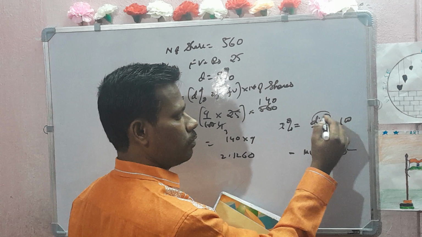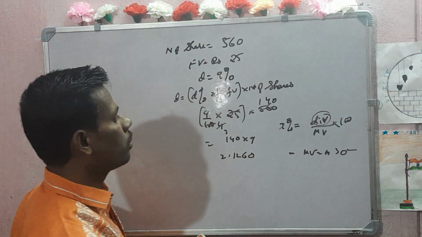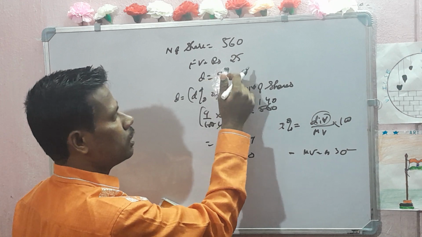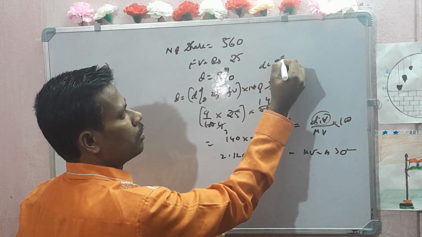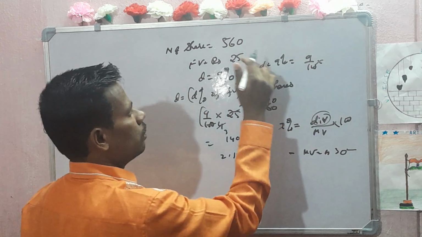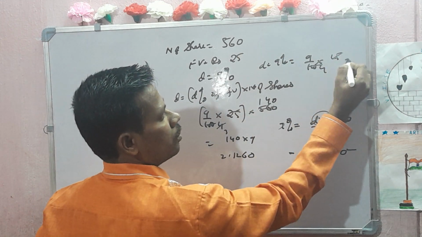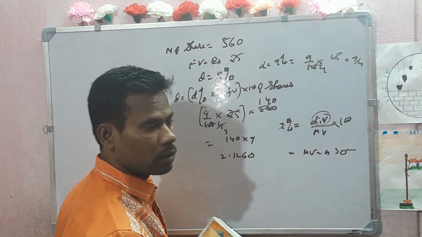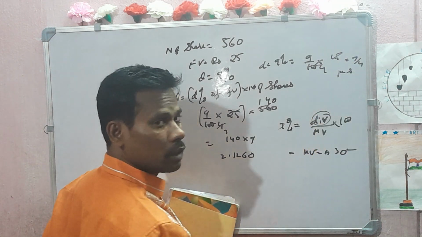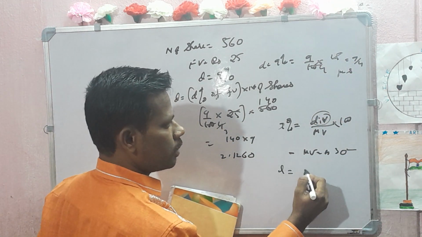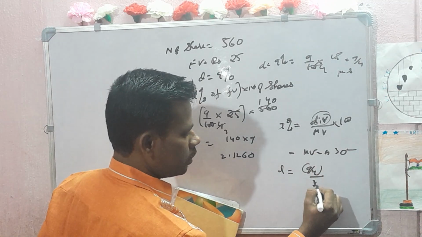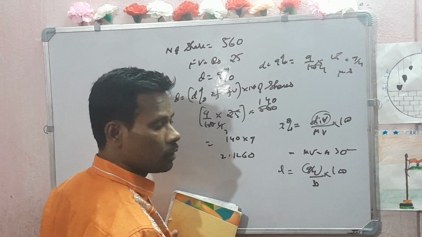Now you have to calculate the dividend from this. Go for the basics. What is the meaning of this dividend? 9% is 9 by 100 into face value. 9 by 4 is the answer. So dividend per share is 9 by 4. Replace here. Rate percent is equal to 9 by 4 by market value 30 into 100.